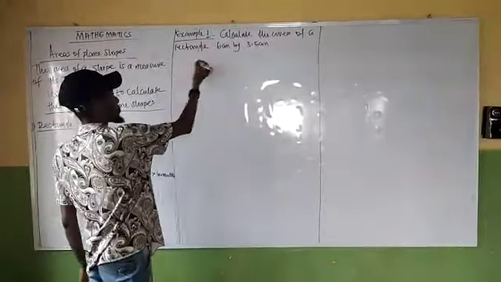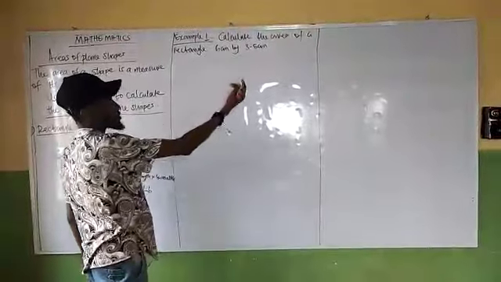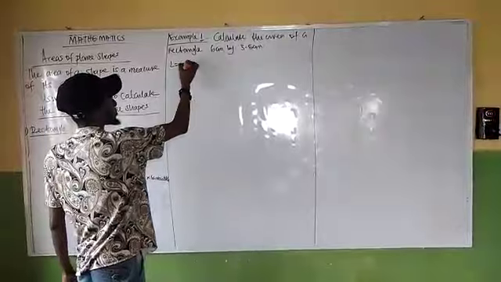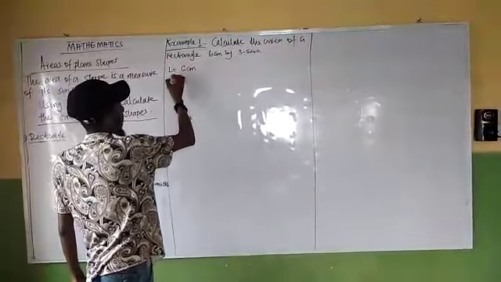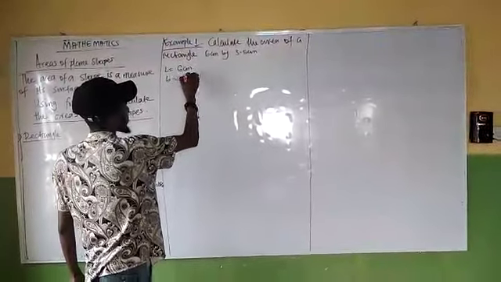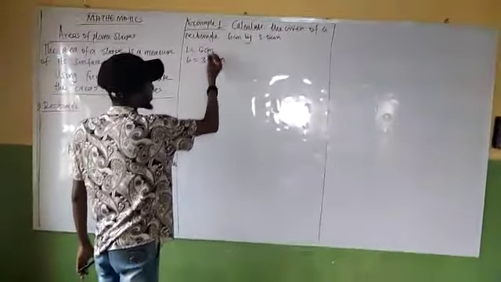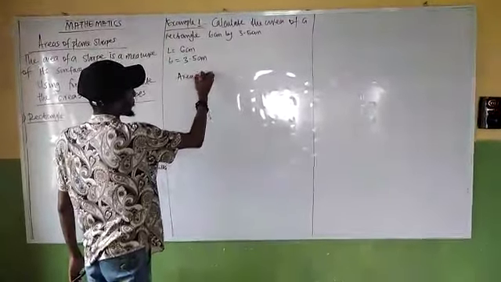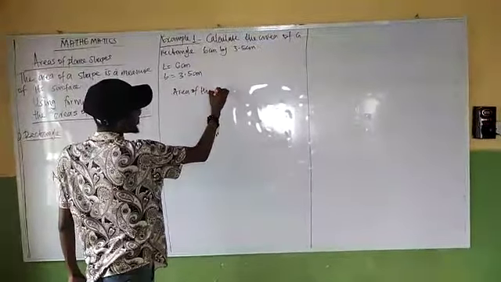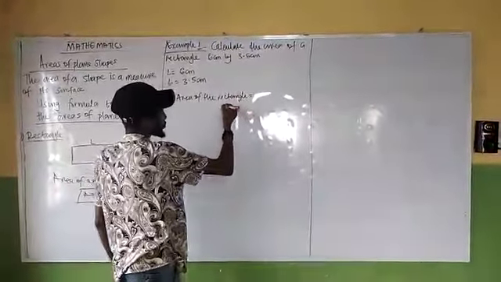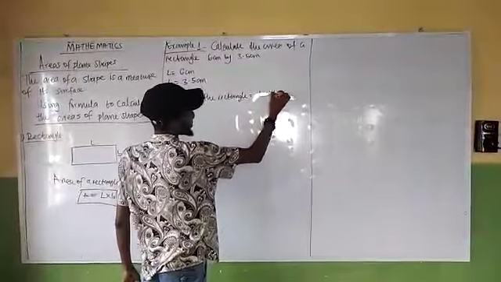Start by stating your formula. You can start with your parameters. 6 centimeter here is the length, while 3.5 is the breadth. So list your parameters first, then apply your formula: the area of the rectangle is equal to length times breadth.